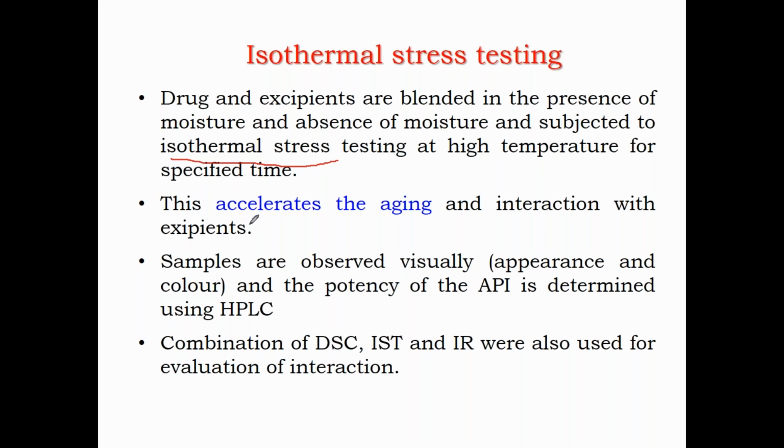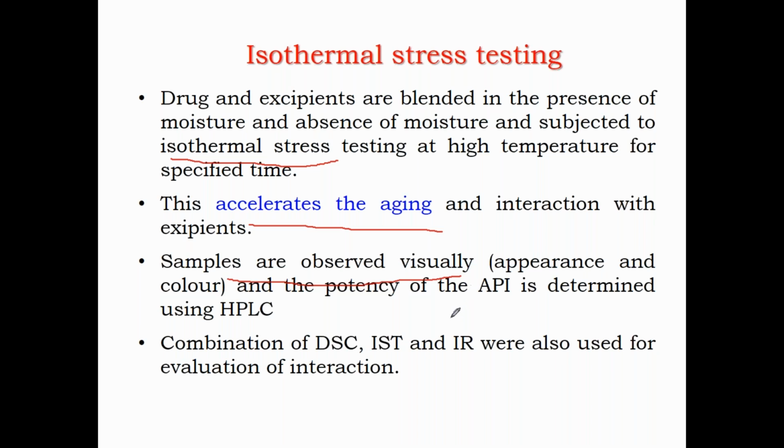One thing you have to remember is it accelerates the aging process, and the interaction happens because of this accelerated condition. So it becomes easy for us to identify any changes happening with respect to the drug or the combination of the drug and the excipients. The samples can be observed visually, where you can see an obvious color change.